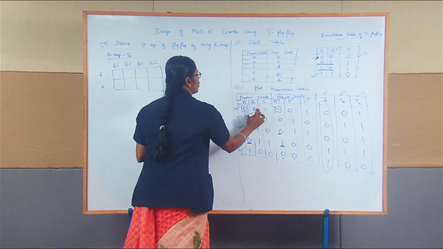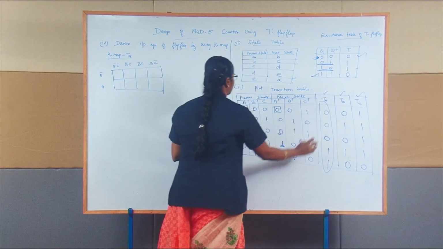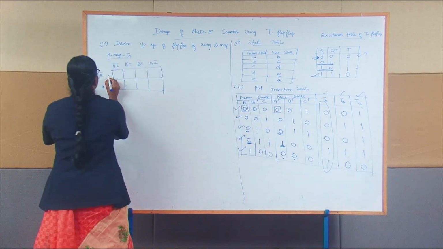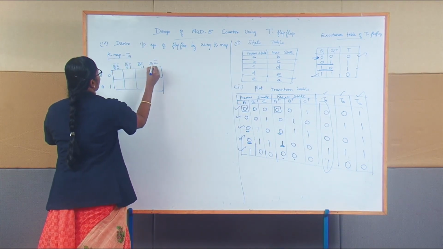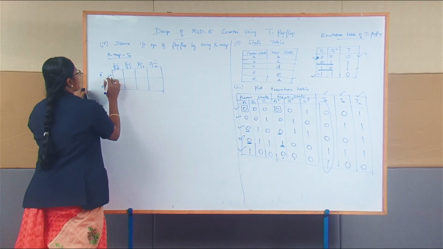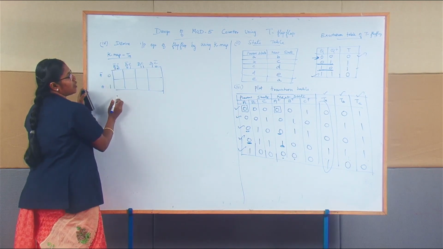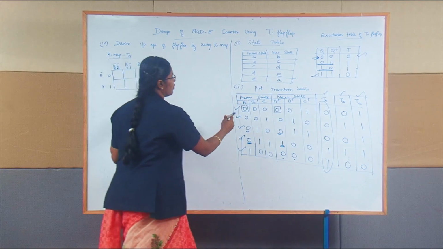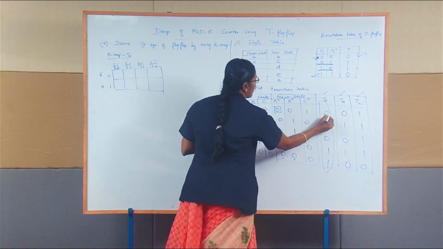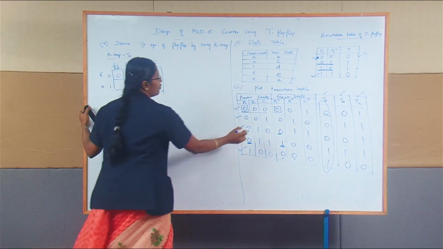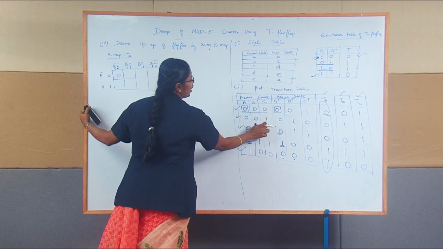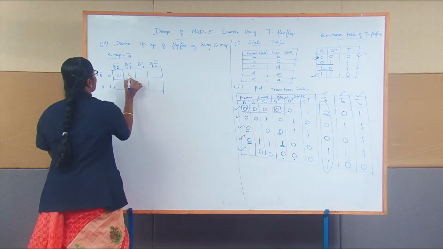For 0, 0, 0, the TA value is 0. So here it is 0, 1, 0, 0, 0, 1, 1, 1, 1, 0. For 0, 0, 0, what is the value of TA here? It is 0. Similarly, for 0, 0, 1, the value is 0.